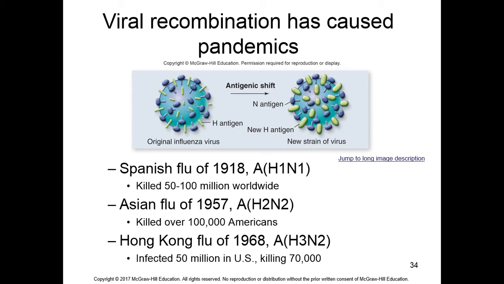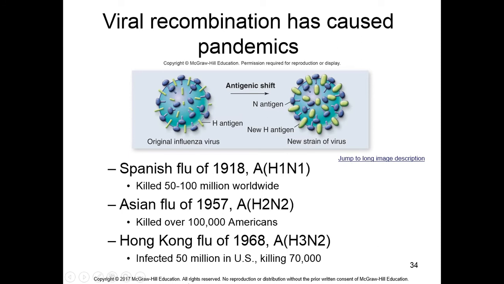After that, in 1968, we have the Hong Kong flu. It infected about 50 million in the US, and it killed about 70,000 individuals in the US. The type was again influenza type A, while the subtypes were H3, that is hemagglutinin type 3, and neuraminidase type 2.